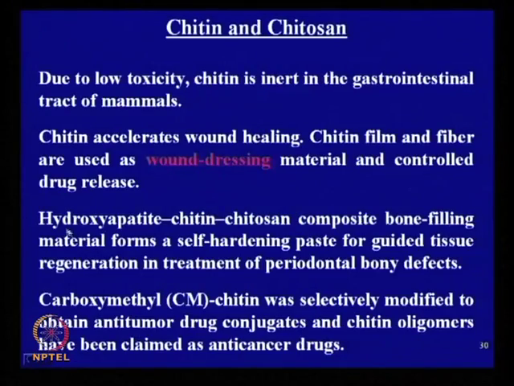That fabric can be used for wound dressing, and it will be better than cotton and other things. Then you can make a composite of hydroxyapatite, chitin and chitosan, which can be used for bone filling.